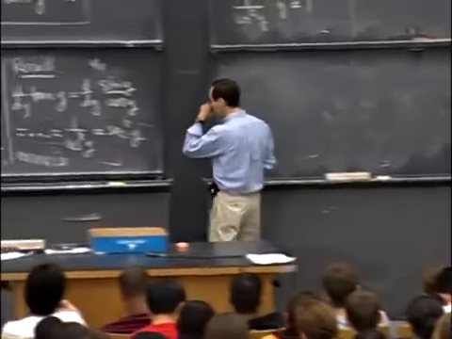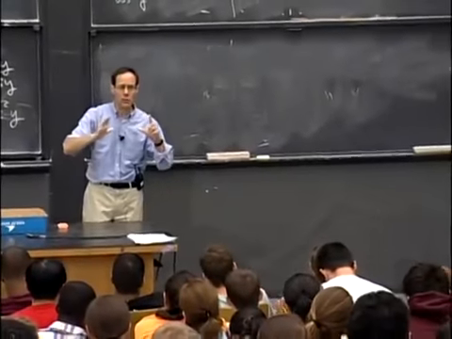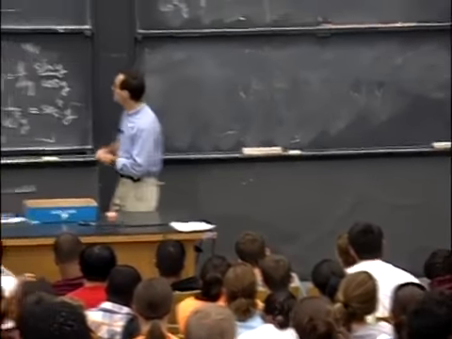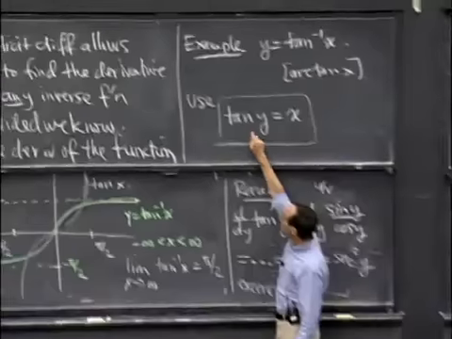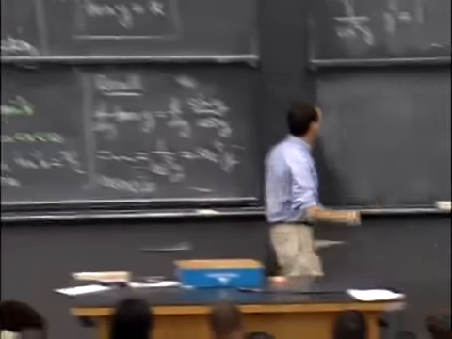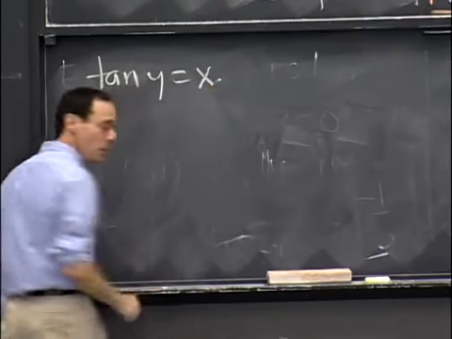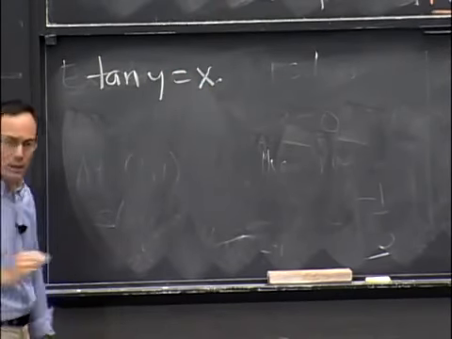So here we go. There's only one ingredient that we need to use to do this, and then we're going to draw a diagram. The ingredient, again, is the original defining relationship that tan y is equal to x. So tan y equals x can be encoded in a right triangle in the following way.